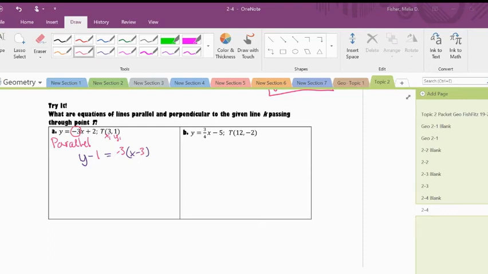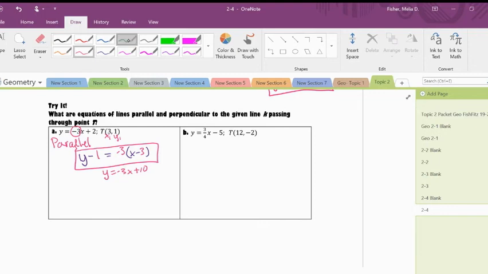If you wanted to solve it into slope-intercept form, you could have also said y equals -3x plus 10. So if you went that far, you can do that.